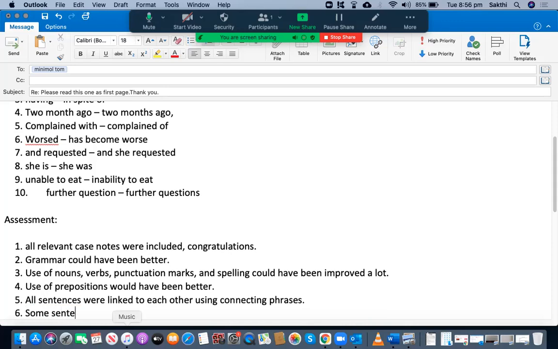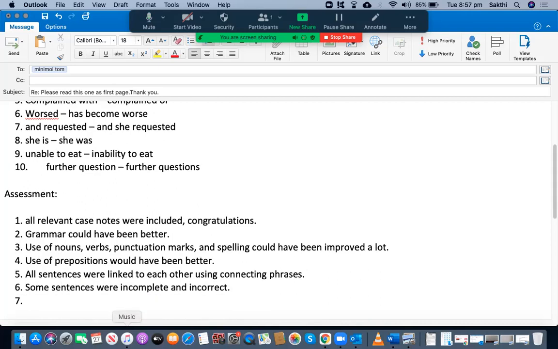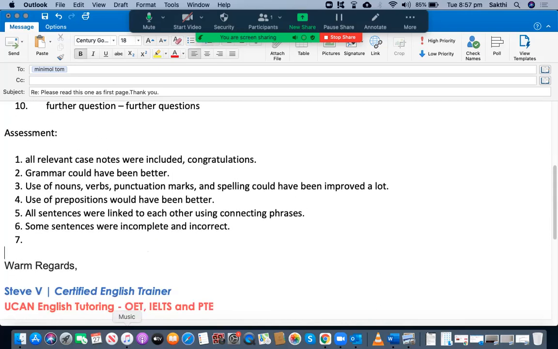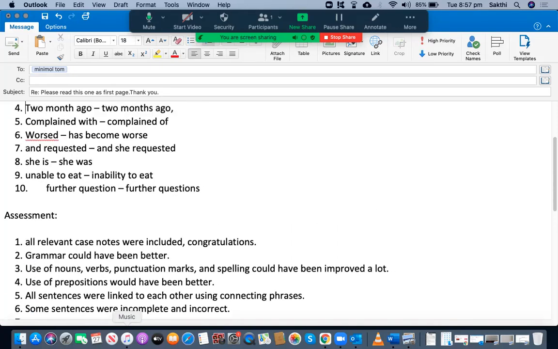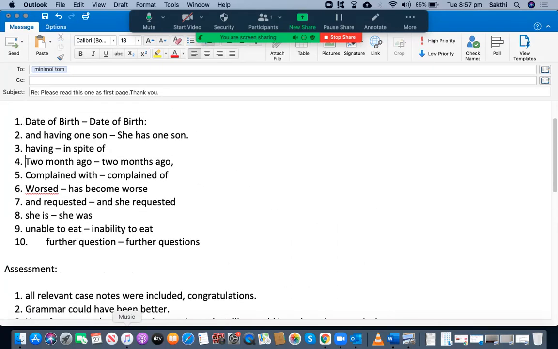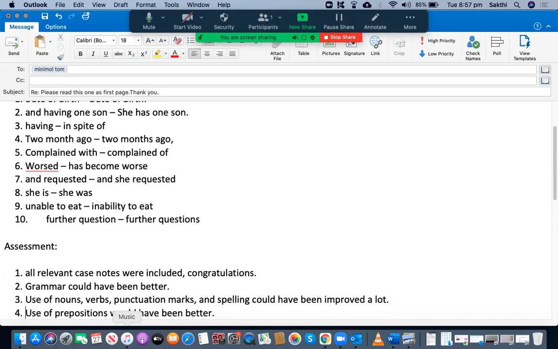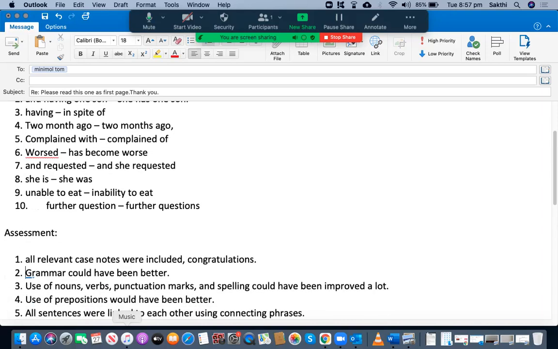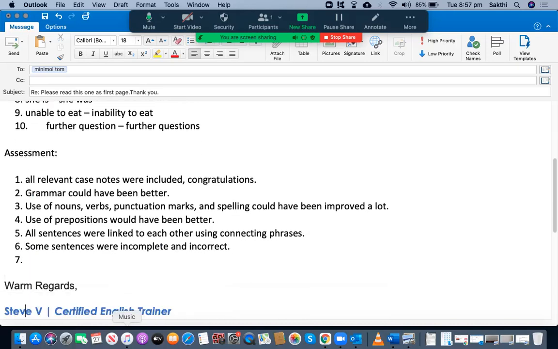Some sentences were incomplete, as I already mentioned. Incomplete and incorrect. So whenever you feel that you're going to commit a mistake in the longer sentences, it's better to split that down into 2 simple sentences and then connect them together. That would be much better. All right. And yeah, some words, the selection of words wasn't really good. Vocabulary could have been a bit better.